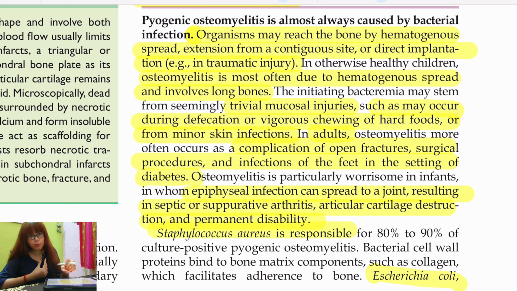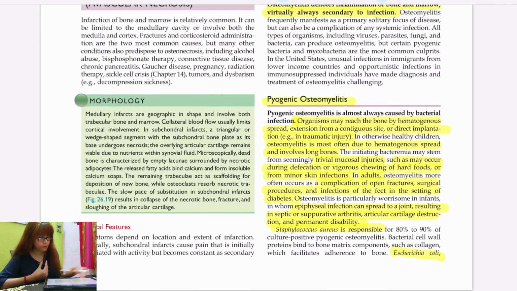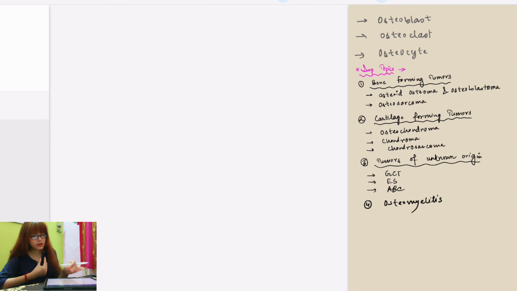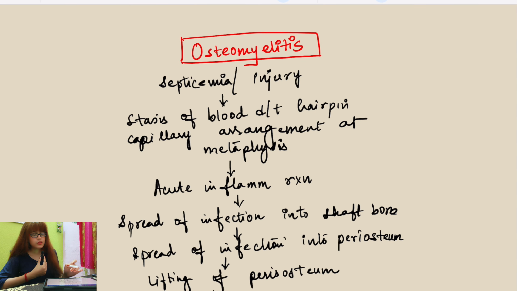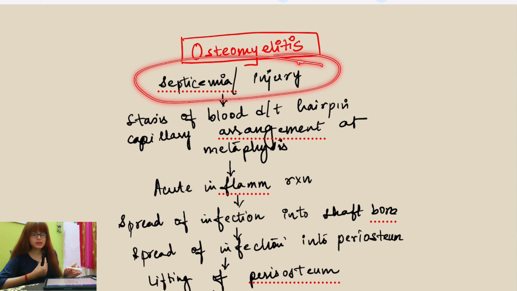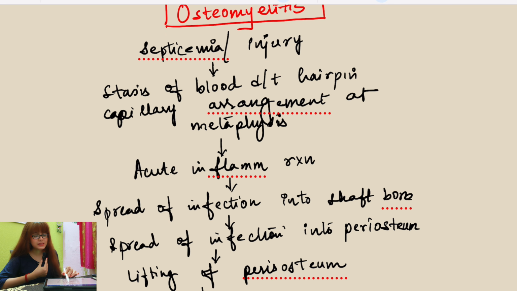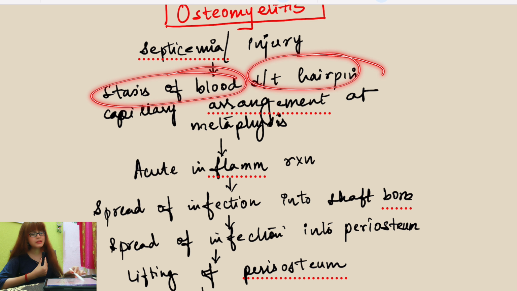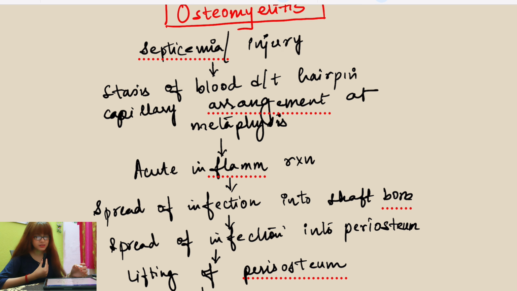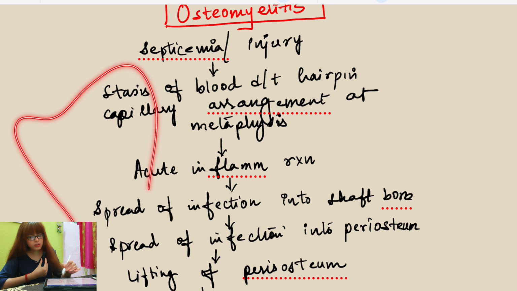And once they reach the bone, how the exact pathogenesis occurs, I'm going to come to it now. So in osteomyelitis, after the septicemia or the injury, there is going to be stasis of blood due to the hairpin capillary arrangement of the metaphysis. If you see this is the bone, then in the metaphysis you have this hairpin-like arrangement of the capillaries. You see that this is so complex, and this is a hairpin arrangement.